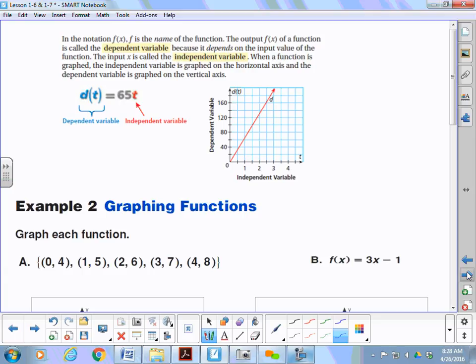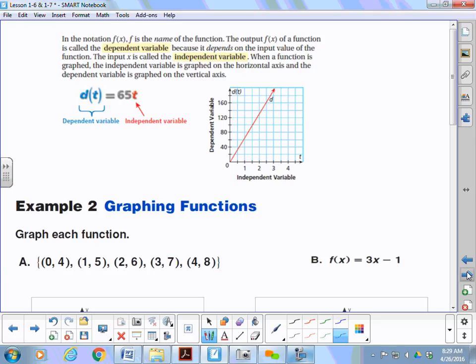And so if they say d of t equals 65t, what does that 65 probably stand for? Used to be the speed limit was 65 a lot of places. So the 65 is probably how fast you're traveling, and t is the time.